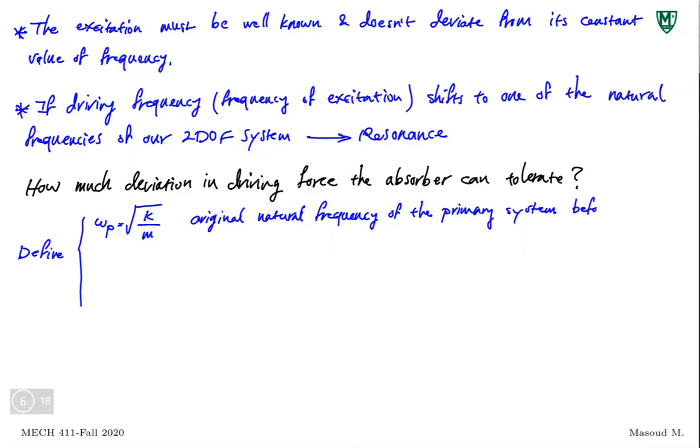Just to emphasize, before attaching the absorber. Omega A, we've already seen that, is the square root of Ka over Ma.